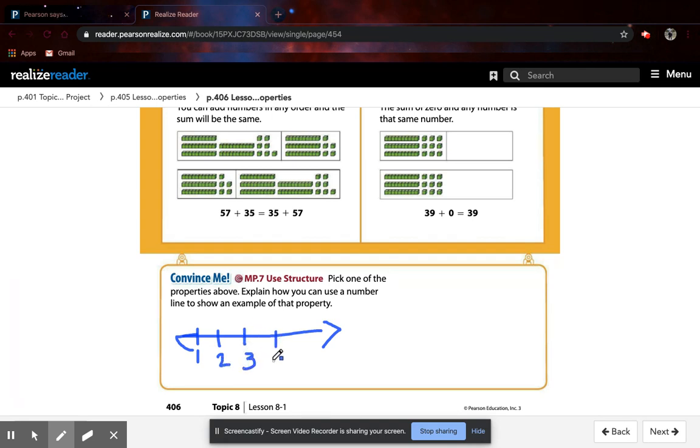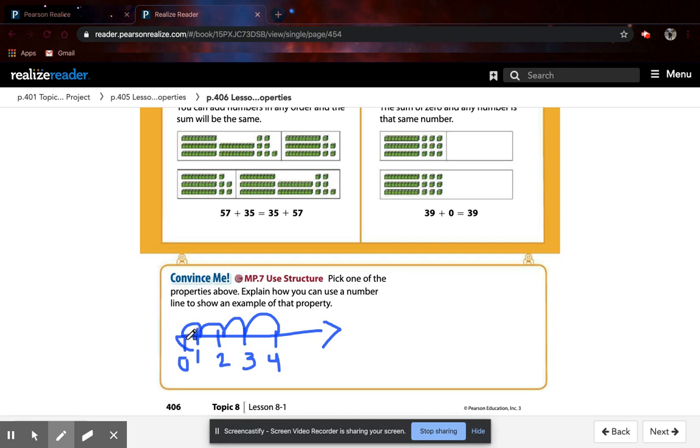Yeah, we're just going to stick with 4. So if I were to go all the way to 4 from 0, oops, sorry, didn't start in the right place. Trying to get used to it.